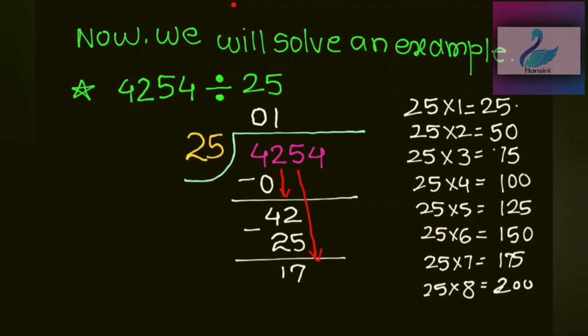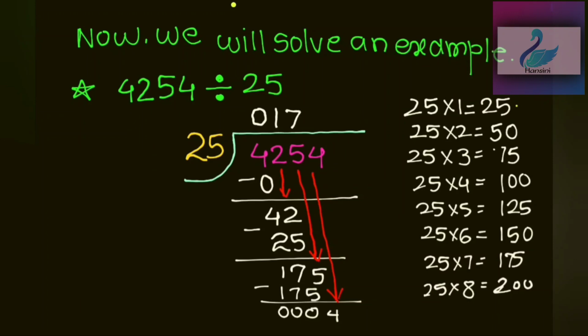Now I will take down the 5 and I get the value 175. Now search for 175 in 25's table. It is 25 sevens. So I get the remainder as 0. And I take down the 4. Don't forget to write the value in the quotient's place.